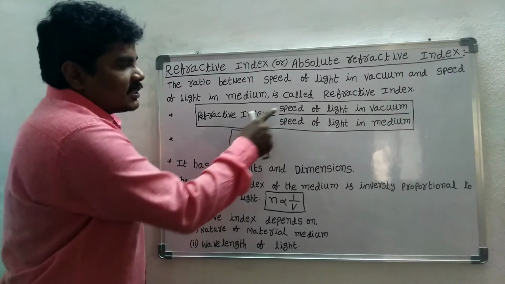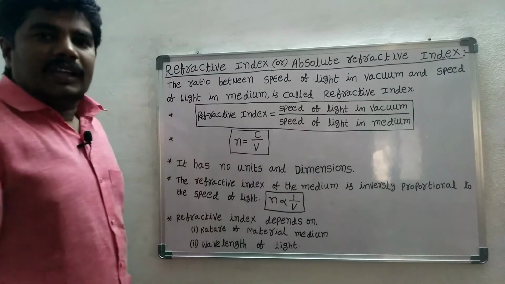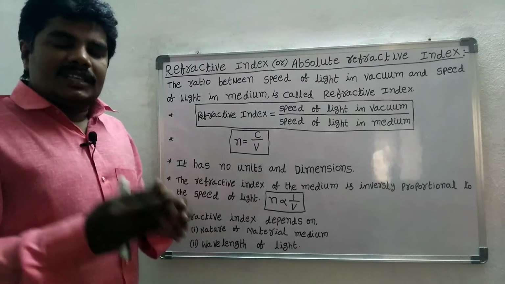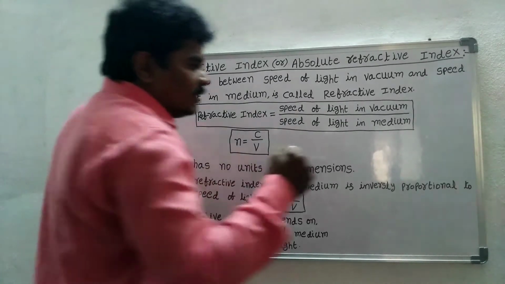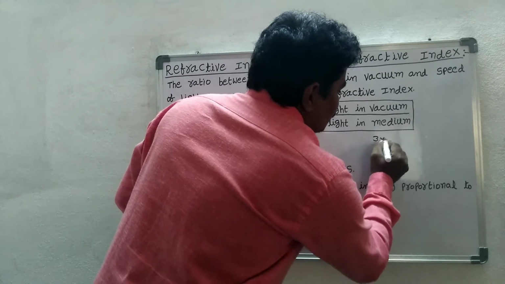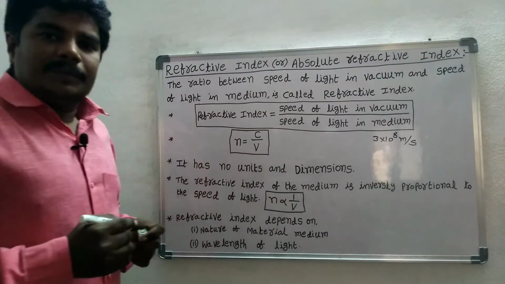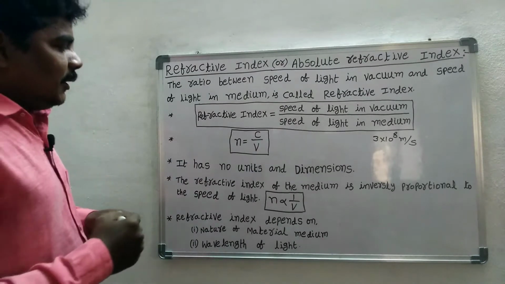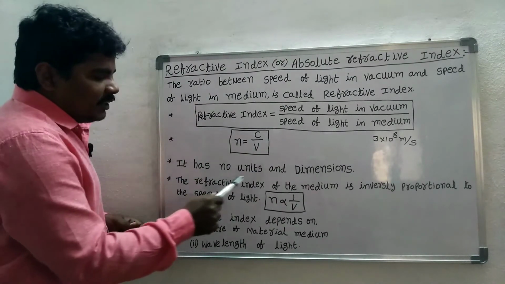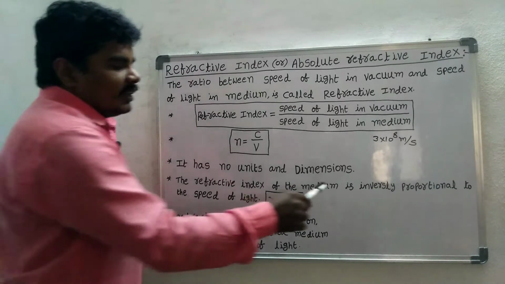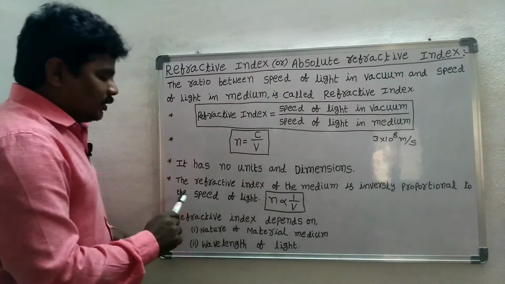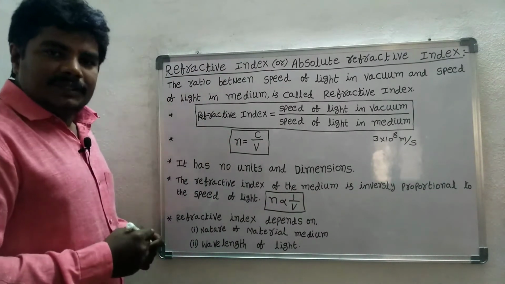Here C is the speed of light in vacuum. Its value is constant, that is 3 times 10 to the power of 8 meter per second. So the refractive index of a medium is inversely proportional to the speed of light.